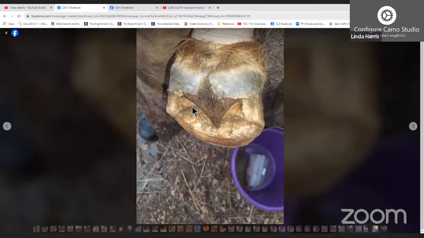When the bars grow, it pulls all this cartilage and everything down here, and it presses this up into the coffin joint, which forces the toe down on the sole. So the toe would be forced to be wearing right here. See? And that in and of itself would cause an abscess because, again, there's pressure where pressure ought not to be, because of the distorted hoof capsule and how it's affecting the foot.